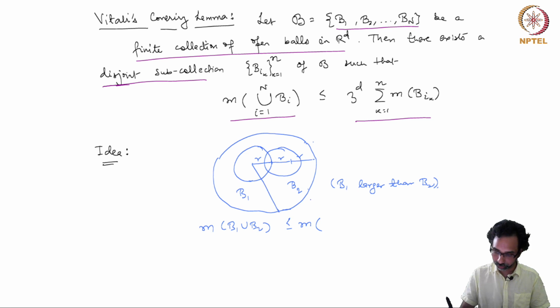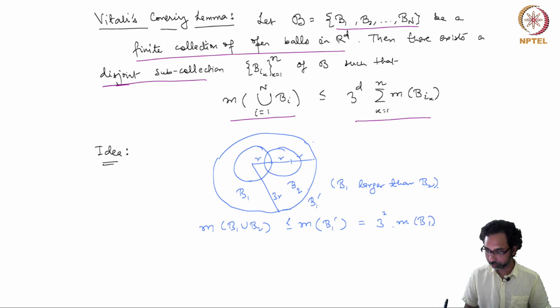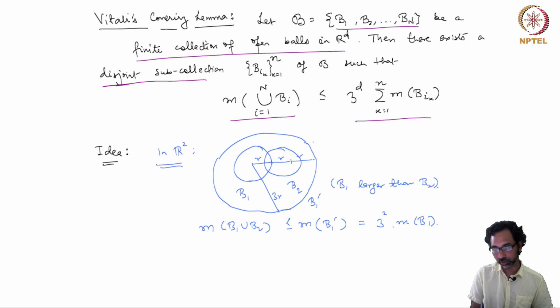Let me write this as B1 prime, which has radius 3r. So this is less than or equal to the measure of B1 prime, and the measure of B1 prime is precisely 3 squared times the measure of B1. So this is in R2; in R2 we have this picture.